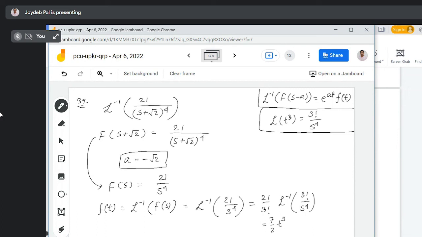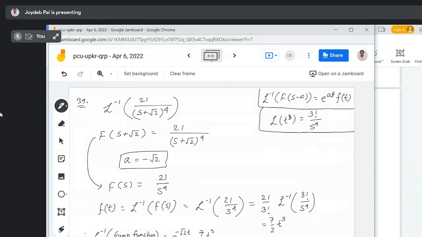Yes, sir. Now we got ft, we got a, therefore you can write the Laplace inverse of the given function. It will be e to the power at into ft. So e to the power minus root 2t into 7 by 2 t cube. So 7 by 2 t cube e to the power minus root 2t.